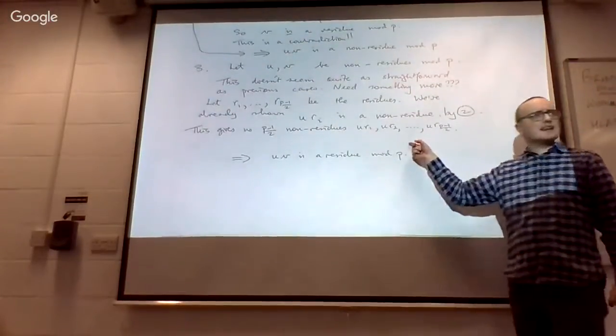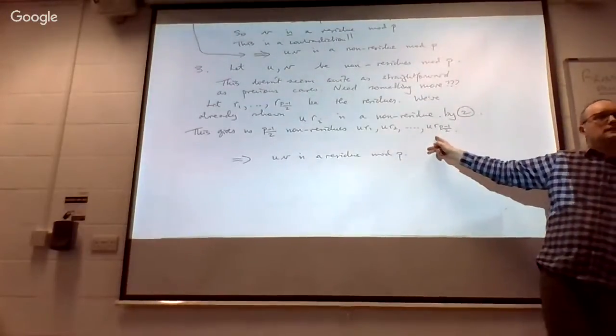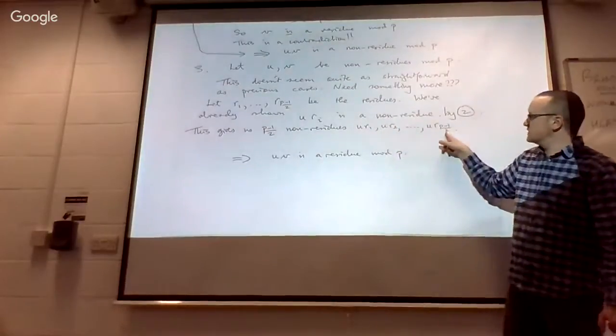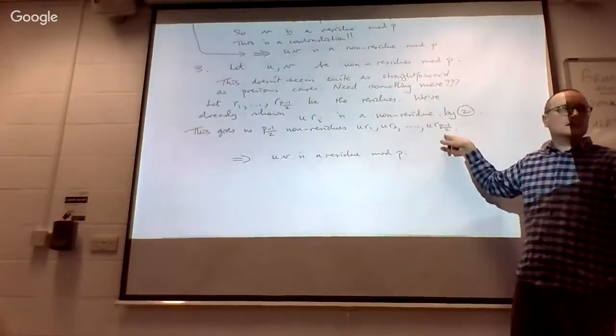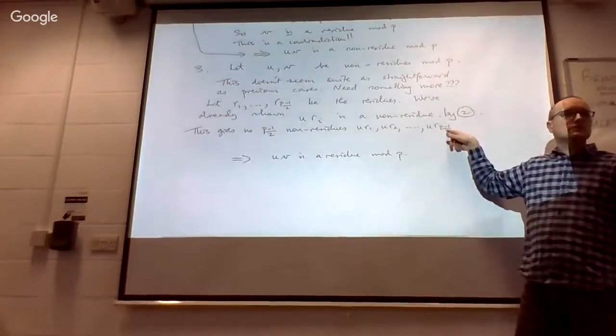And just to emphasize that, these are all distinct. I said there are (p-1)/2 non-residues. There's definitely (p-1)/2 things written down here. Count 1, 2, sorry, (p-1)/2.